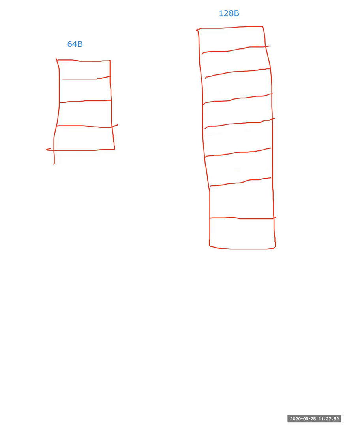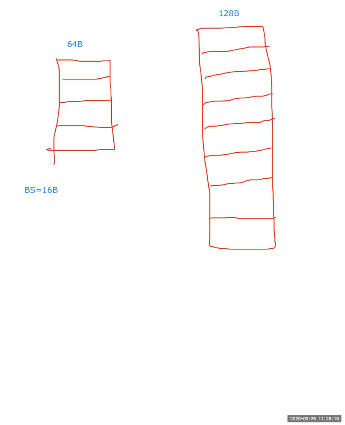So here I'm making the block size, okay.